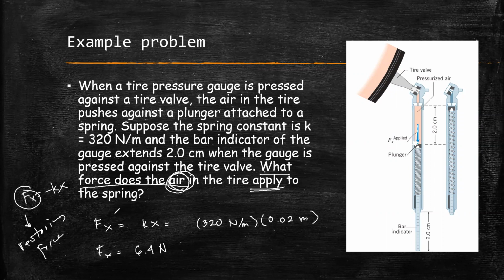Therefore, we are looking for Fx applied. Therefore, our Fx applied is equal to 6.4 Newtons, and it is positive in direction. So I hope it is clear to you the difference between the Fx applied and the restoring force Fx.